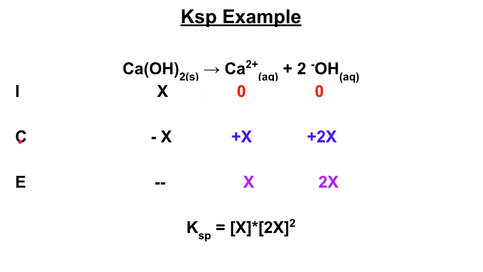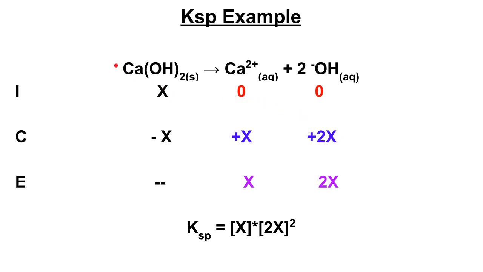Then the change. So what's going to happen on the way to equilibrium? The change is that we're going to lose X, and we are expecting that we will gain X calcium and 2X hydroxide. Now, why do we say this? Because look, here this is combined as a solid. So for every one of these that we lose, we are going to expect that we gain 1 calcium, but we're going to gain 2 hydroxide, right?